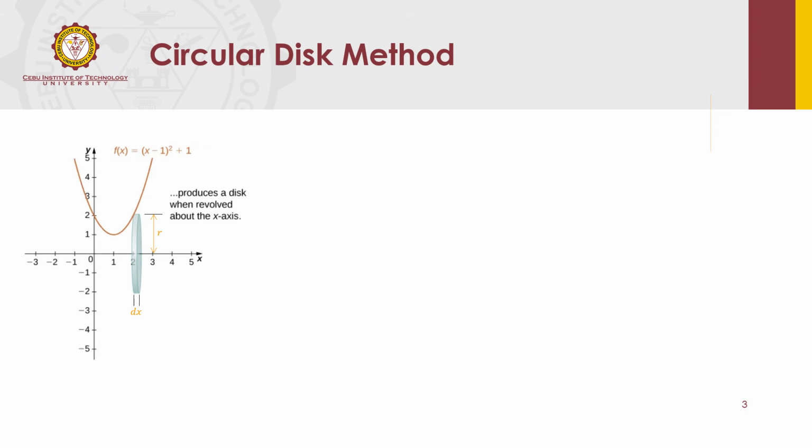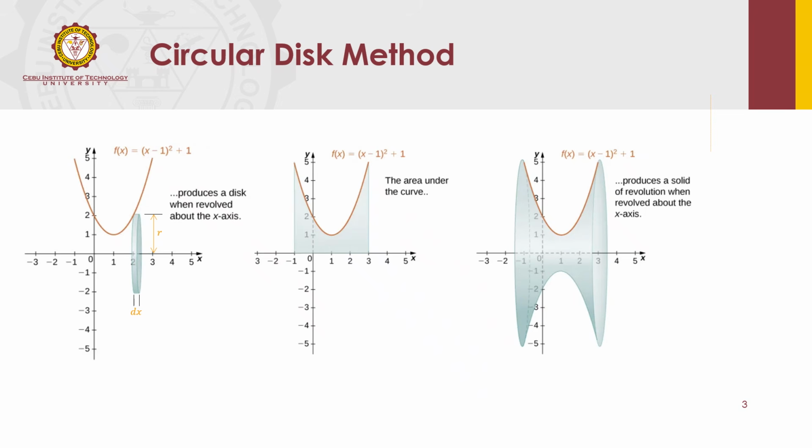If we're going to stack infinitely many of these thin disks from one point to another, let's say from this x value, which is -1, which we label a, up to x equals 3, which we label b, then we get the total volume of the solid.